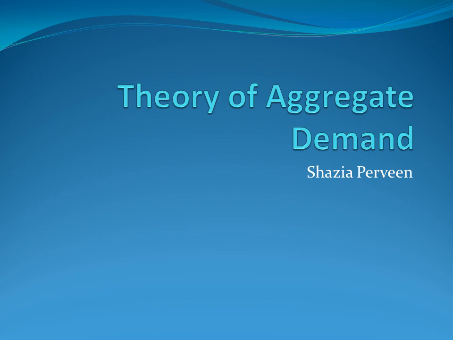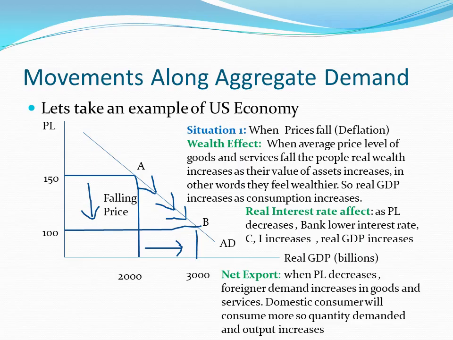Here is the remaining part for the theory of aggregate demand, which is movements along the aggregate demand curve. For the movements along the aggregate demand curve, let's take an example of the US economy. Here you can see at the y-axis the price level, and at the x-axis the real GDP in billions.